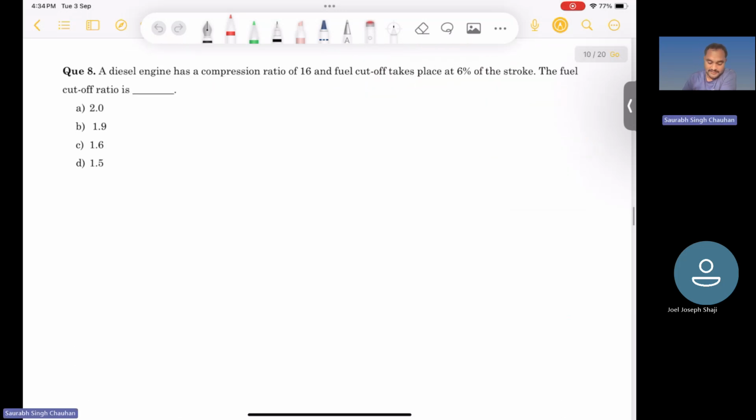Question number 8, again diesel engine. Question number 8 says a diesel engine has a compression ratio of 16. Yes, diesel engines have higher compression ratios, 16, 17, or even higher. The fuel cutoff takes place at 6% of the stroke. Then what is the fuel cutoff ratio? So again, we should make the PV diagram.